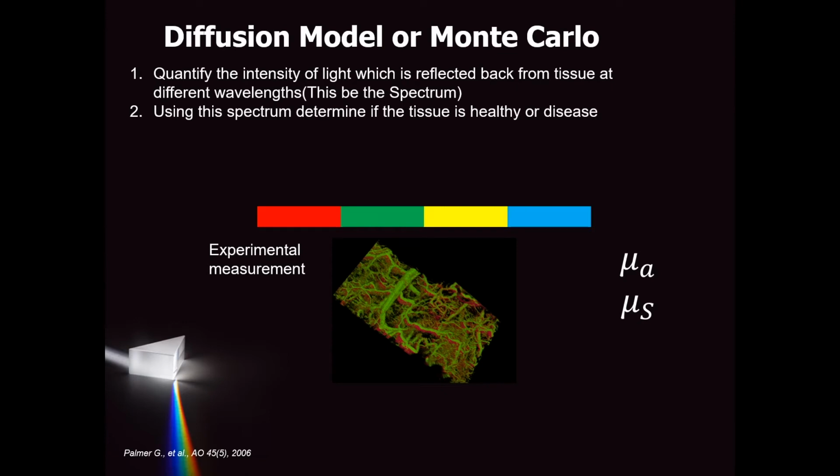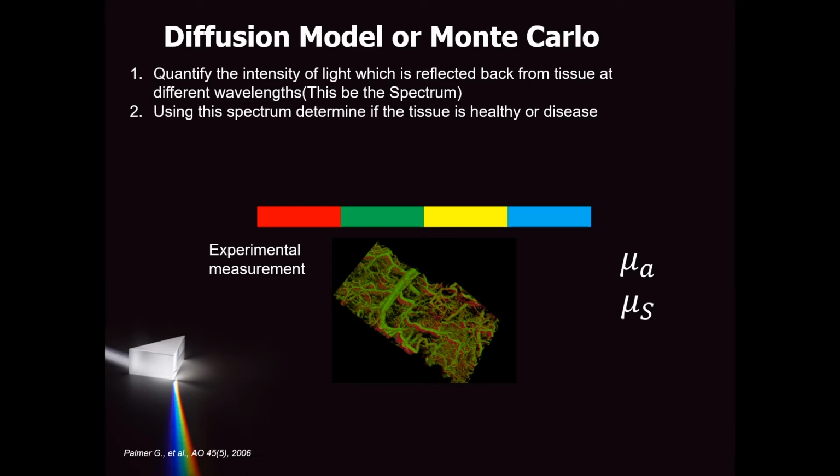The idea is that after getting these measurements, we have our models. We can use our model and our measurement to get something useful, which is the goal of tissue optics.